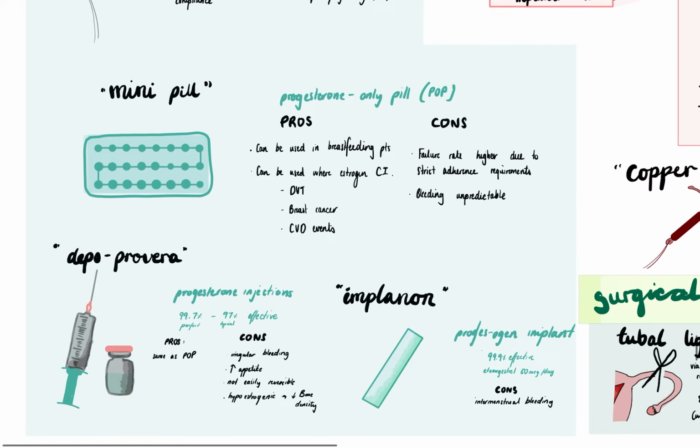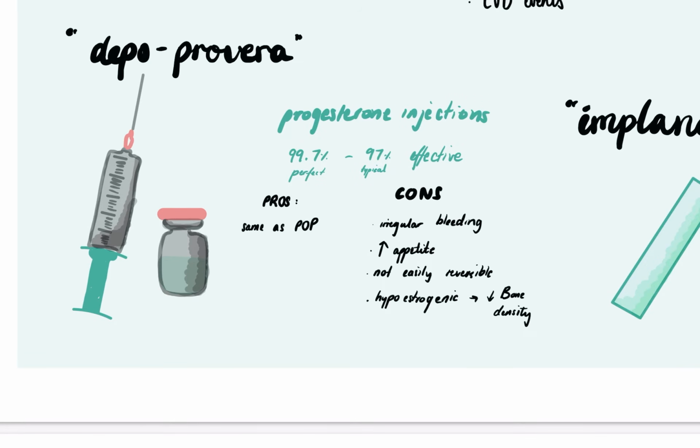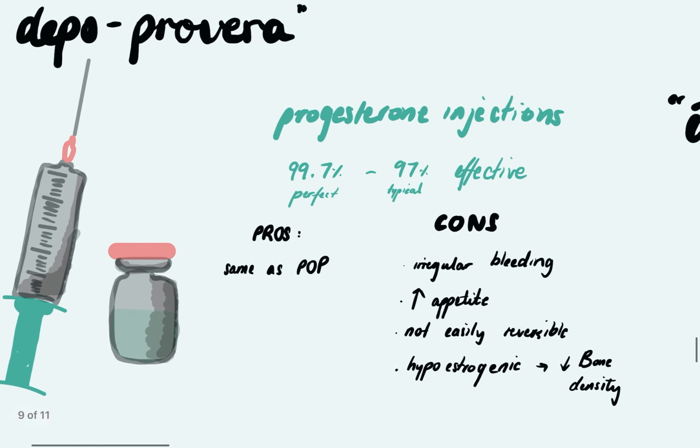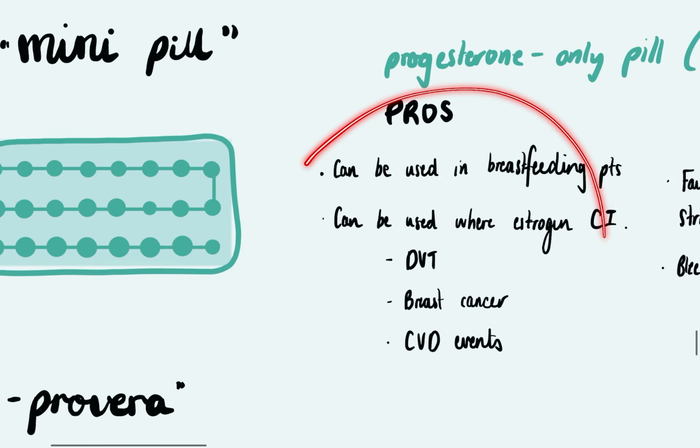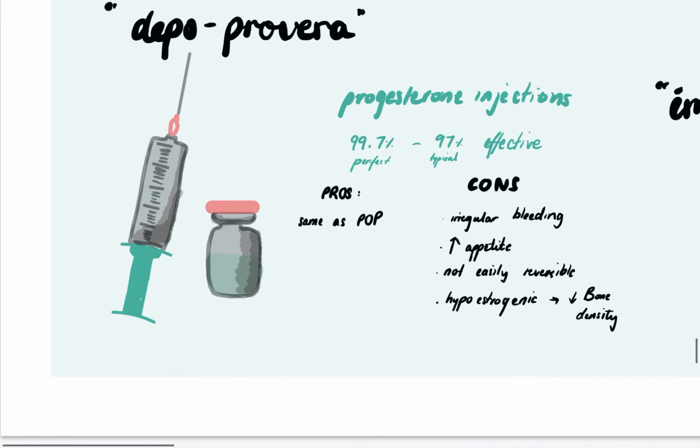Now, there are two more forms of progesterone-only hormonal contraceptives, and these include progesterone injections and something called the Implanon, or the rod. So, starting with progesterone injections, you might have heard of this as Depo-Provera, and these are very effective, as you can see here. The pros include those reasons why estrogen might not be necessary or appropriate, whilst cons include irregular bleeding and increased appetite.